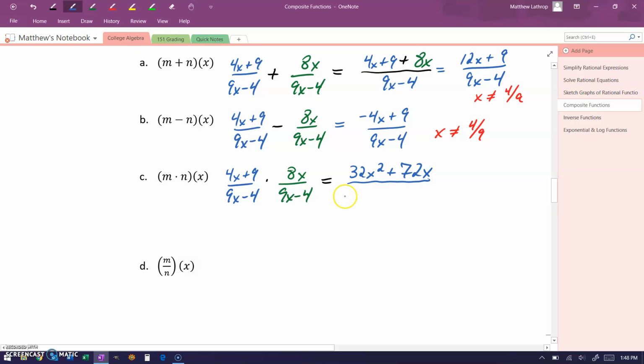And expanding everything out in the denominator will give us 81x squared minus 72x plus 16. Our denominator factors as 9x minus 4 times 9x minus 4, since we already have that. So that tells us we still have that same restricted value, that x cannot equal 4/9.